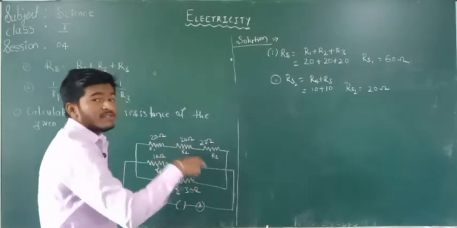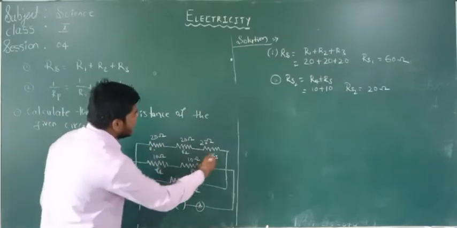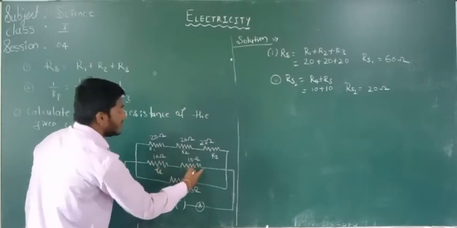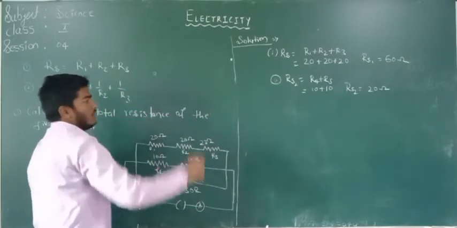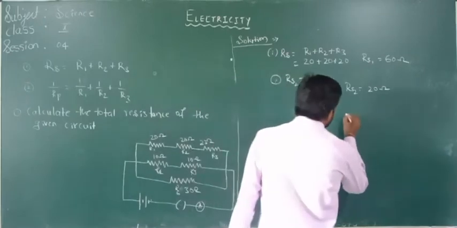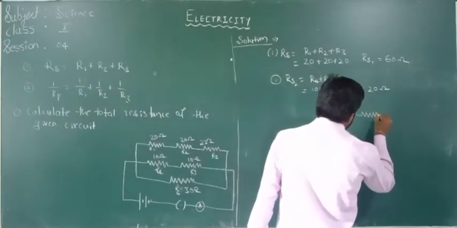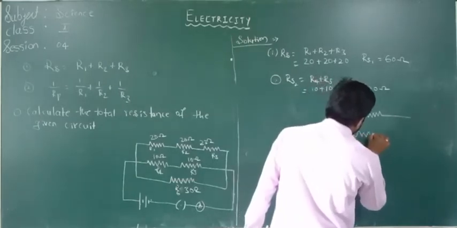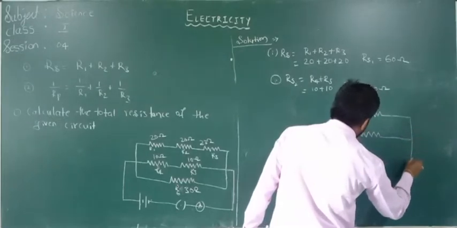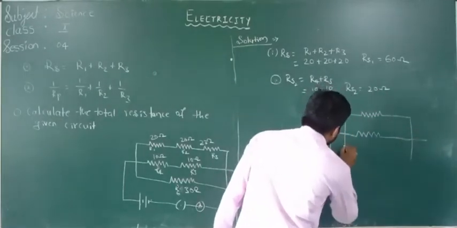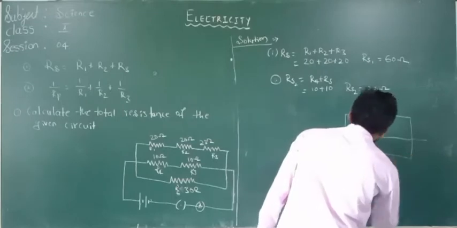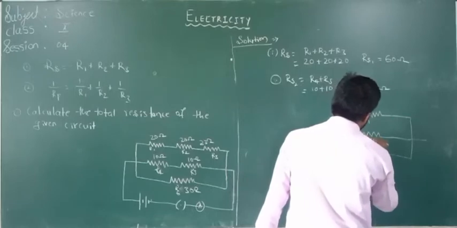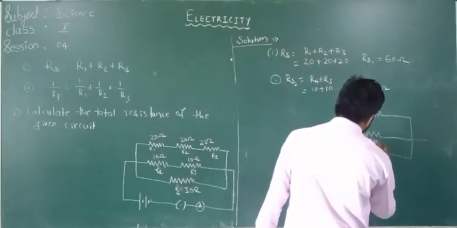Now we are going to change the circuit diagram, because these three resistors are replaced by an equivalent resistance 60 ohm and these two resistors are replaced by an equivalent resistance 20 ohm. Then the circuit diagram becomes, what happens here? This is Rs1, Rs2, this is R6.